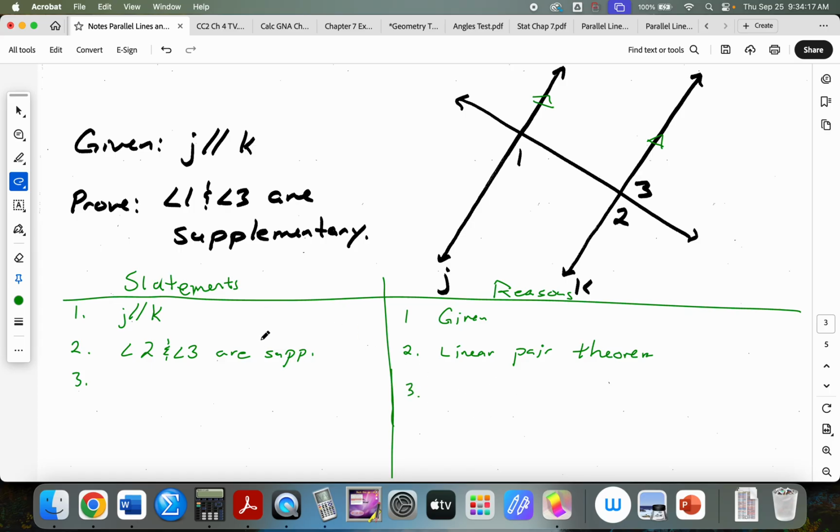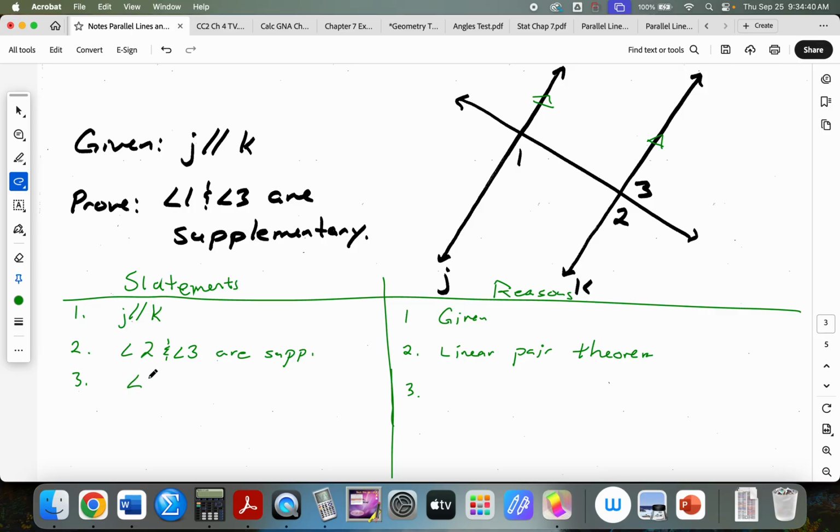Now, this is almost what I want to end up with, right? What's different about it, though? It's angle 2. Can I just remove angle 2 and put angle 1 in its place right now? No. I got to justify why that's legal.